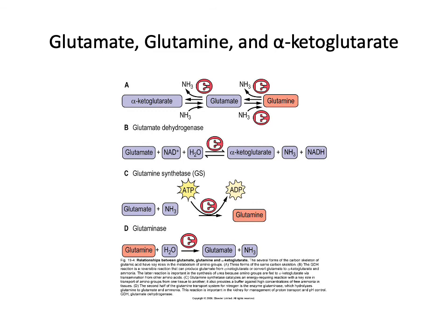Glutamine can also be formed from glutamate by adding ammonia. This is an energy requiring reaction. And glutamine can be used as a sink for excess ammonia, and then it can be converted back into glutamate using a second enzyme, glutaminase.